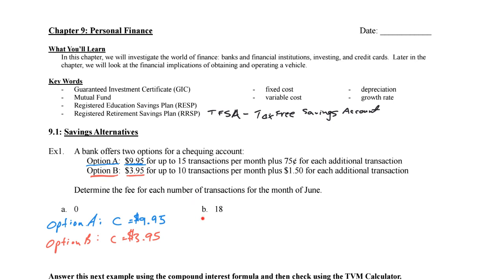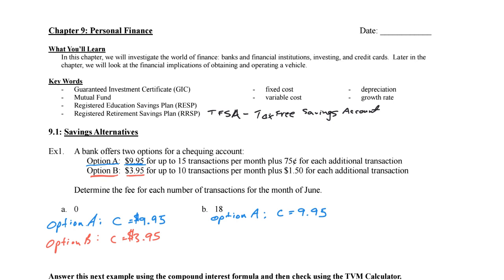Now let's imagine that we have 18 possible transactions in the month. Let's see what happens when we have option A. For option A, it says we have 15 transactions free, and then it's 75 cents for any additional transactions above 15. So let's go and come up with an equation for that, shall we? Our equation has to start with $9.95.